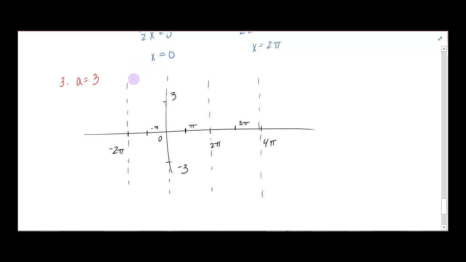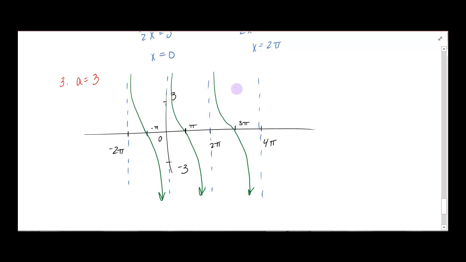So cotangent is going to come down, scoot across, and then continue in the negative direction. So we come down, we cross, and continue in the negative direction. One last time, down, cross, and continue in the negative direction.